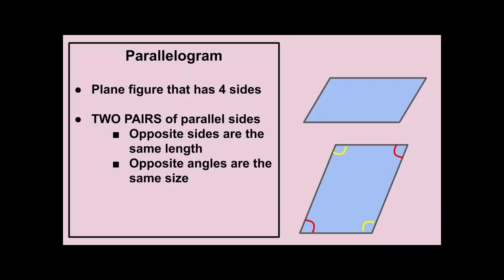The red angles are opposite each other. The yellow angles are also opposite each other. And those two angles will always be consistent and have the same number of degrees.